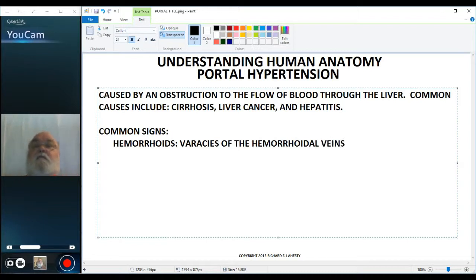They become engorged with blood, and then the vein actually pushes into the lumen. And if it's engorged with blood, it'll be relatively rigid, and then when fecal material moves past it, it causes the vein to break and bleed. So hemorrhoids can be a sign of portal hypertension.